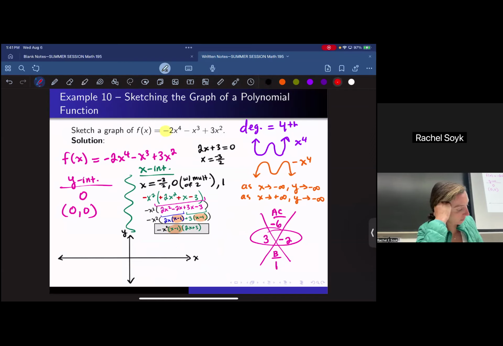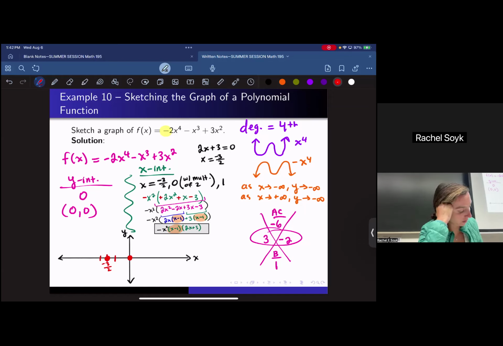So let's plot some points. Our y-intercept we have over here, which happens to also be an x-intercept. And then we have our negative 3/2, aka just negative 1.5.